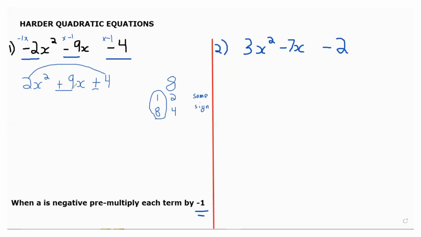So we rewrite b using the factors. So we have 2x squared plus 8x plus 1x plus 4. So now, last step, we half it, and we factorize the two pieces. So for the first piece, 2x. If you can't remember how to factorize, there's a video on the channel for you. 2 into 8, 4.